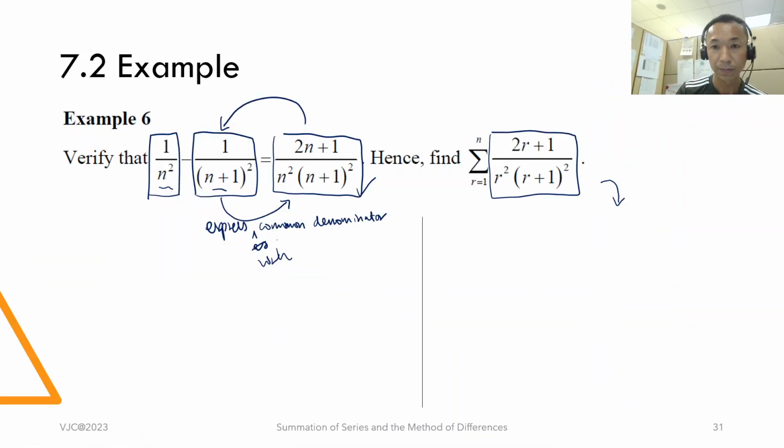So now we have a chance to express this summation, whatever is in the summation, as a difference between 2 terms. So let us do it here.